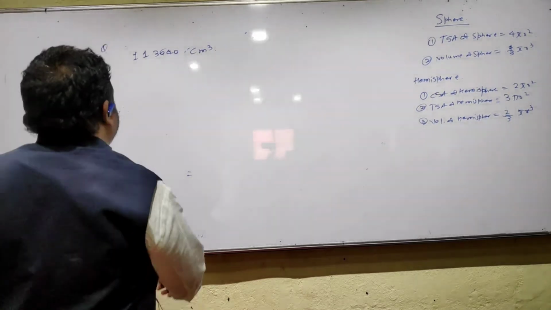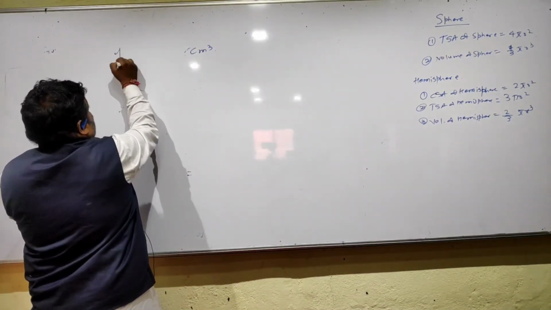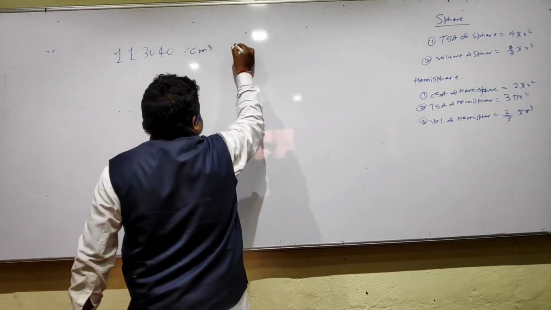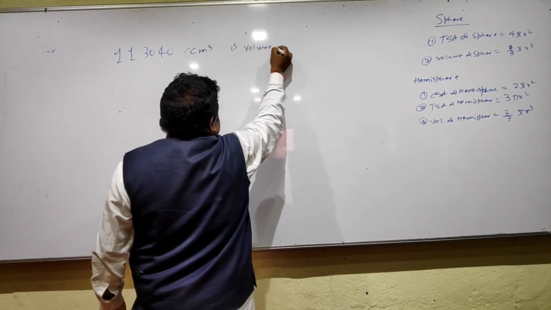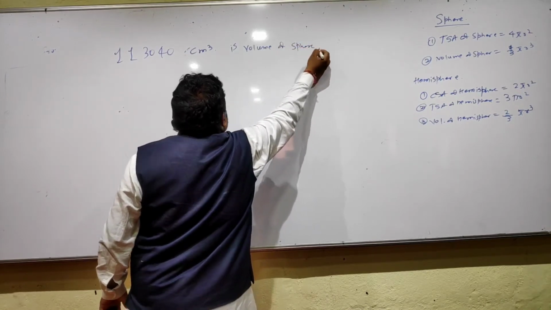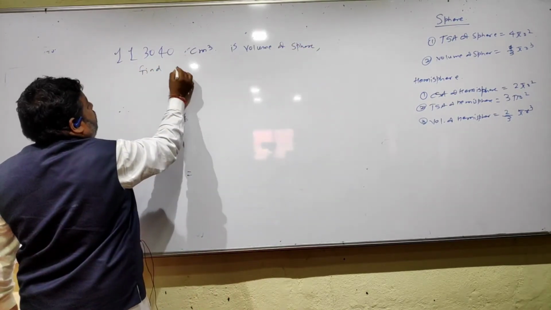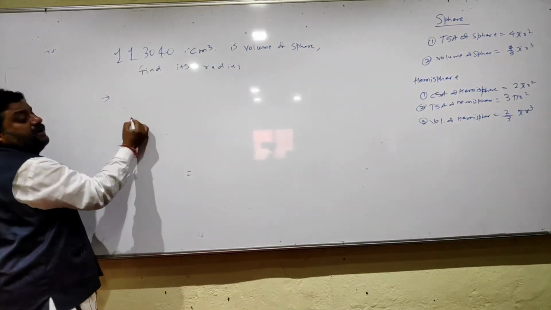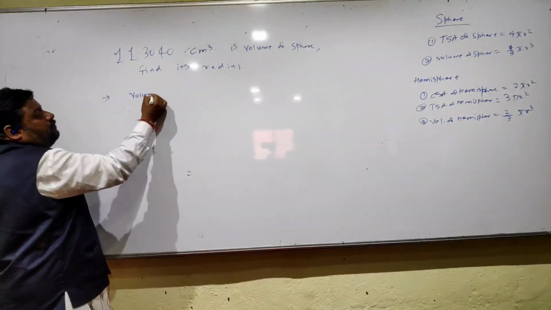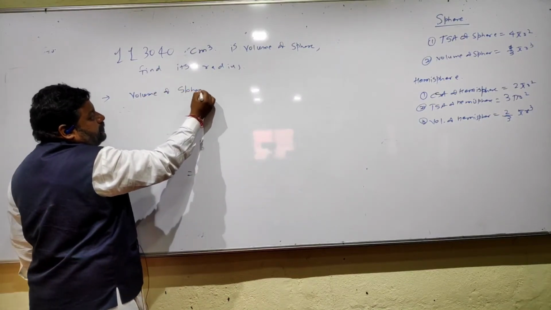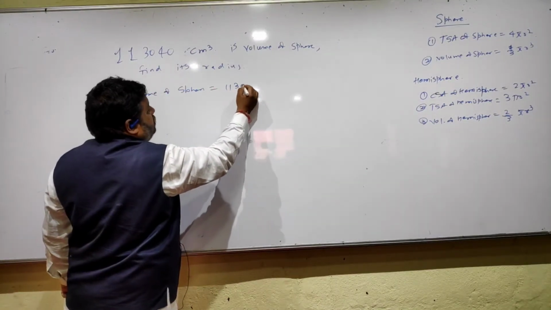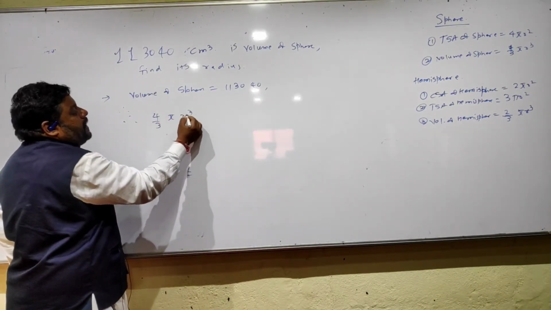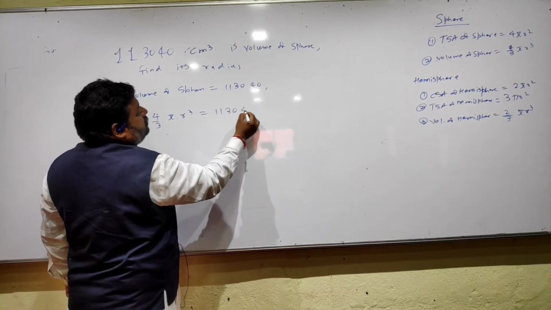The volume of a sphere is 113040 cm cube. Find its radius. Now volume of a sphere is 113040, hence 4 by 3 pi r cube is 113040.